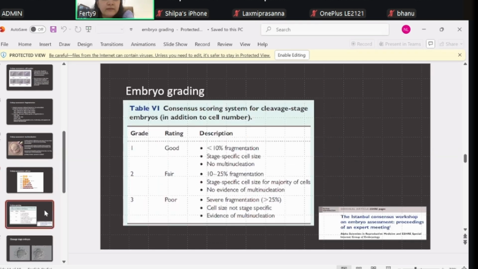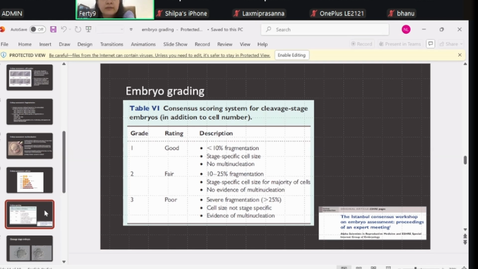Here the embryo grading is from the Istanbul Consensus scoring system for cleavage stage embryos. Grade 1 embryos are 8 cell or 6 cell with less than 10% fragmentation, stage-specific cell size and no multinucleation.